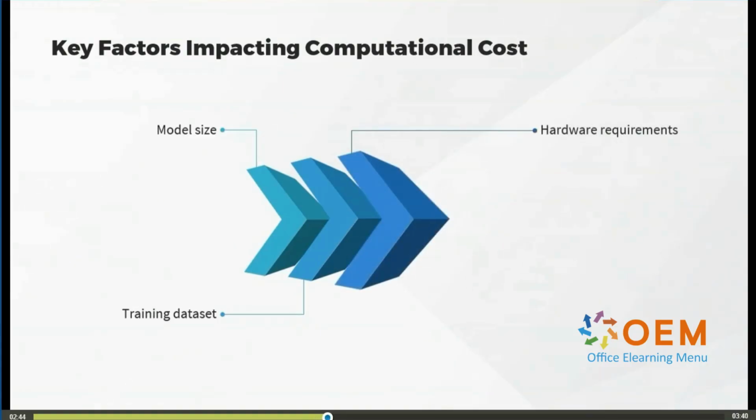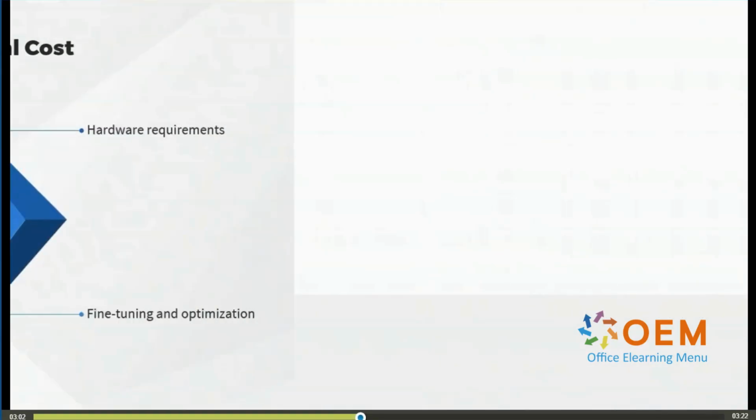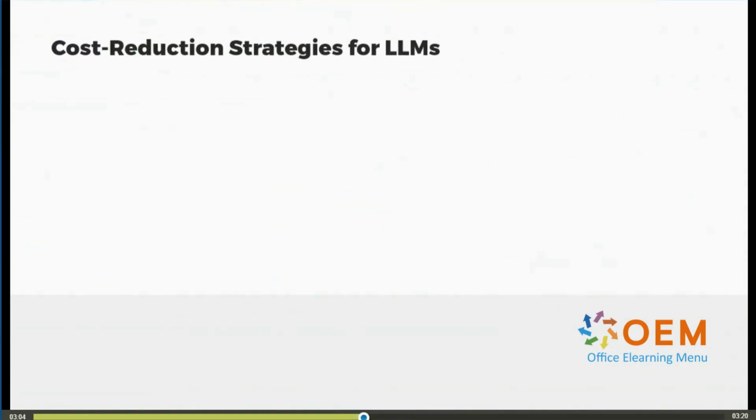Hardware requirements. So specialized hardware like GPUs and TPUs are essential for training large models efficiently. And fine-tuning and optimization. So models that are not optimized may incur higher computational costs during training and inference. So managing these costs is critical for making LLMs accessible and sustainable.